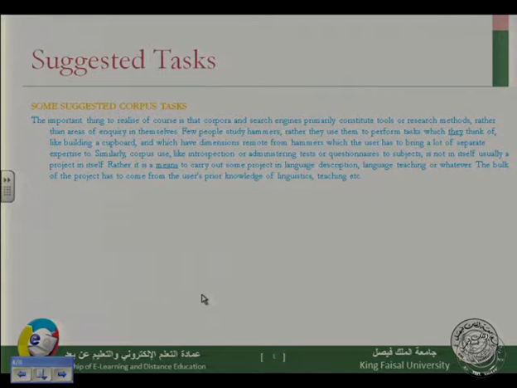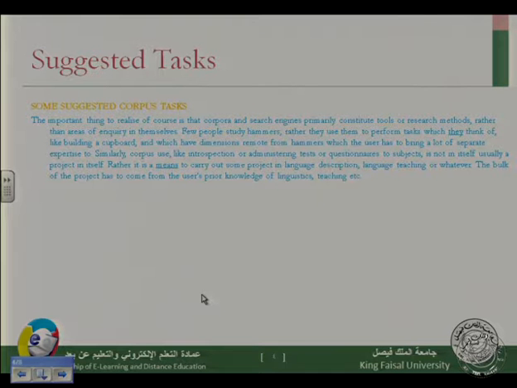Few people study hammers rather than they use them to perform tasks which they think of, like building a cupboard, and which have dimensions remote from hammers, which the user has to bring a lot of separate expertise to.